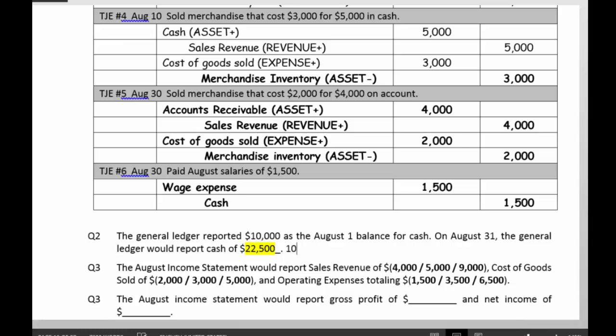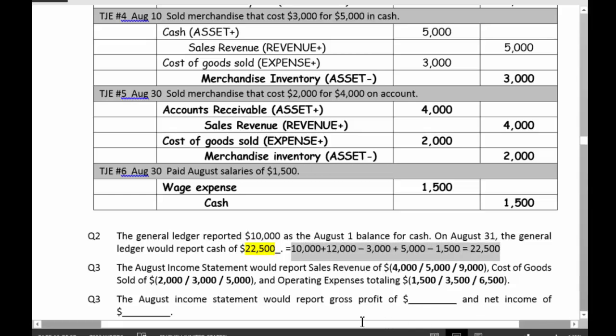That was 10,000 plus 12,000 minus 3,000 plus 5,000 minus 1,500 equals 22,500. That's how I got that.